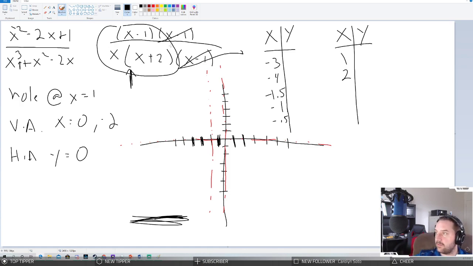So at negative 3, we got negative 1.33. At negative 4, we got negative 0.625. At negative 1.5, we had 3.333.